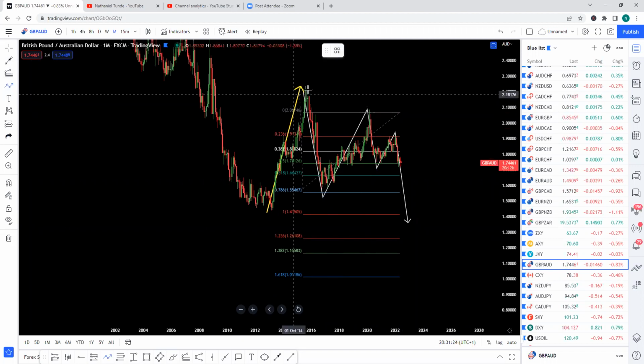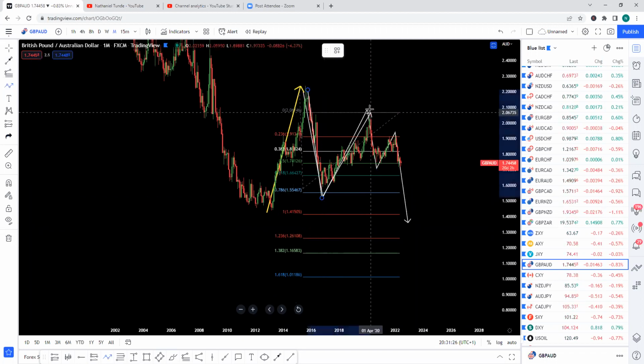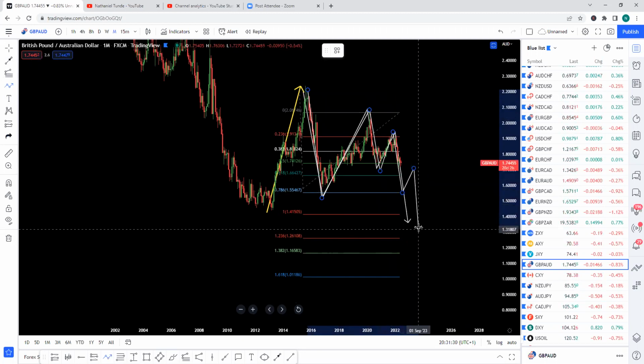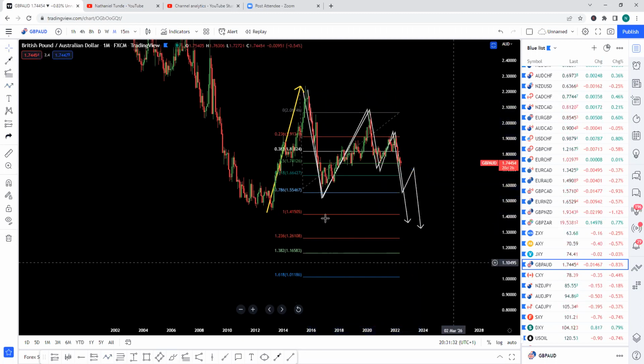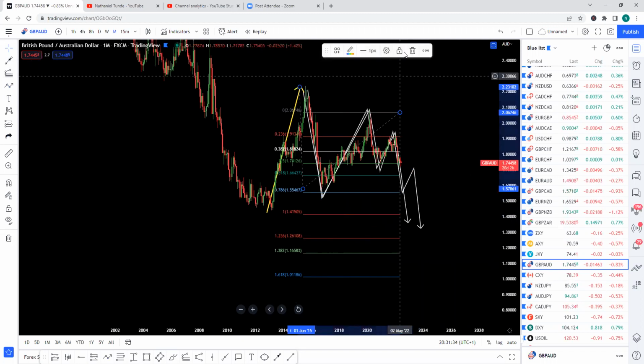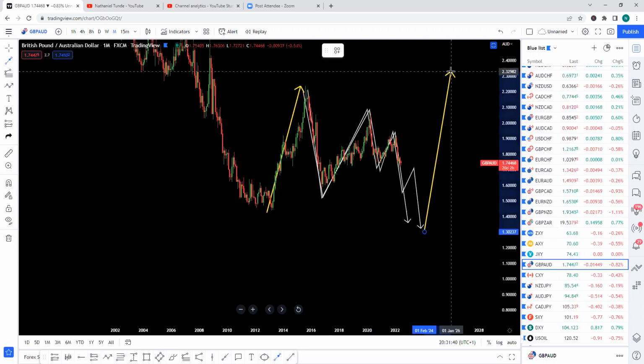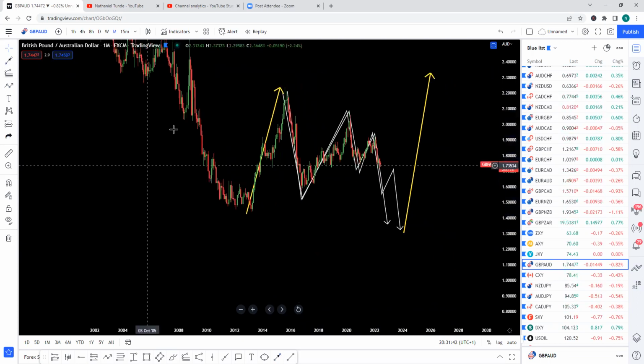So we want to see whether this will make this, we don't want to come here. And that would come to this level. We want this one to come up here before it now flushes down.